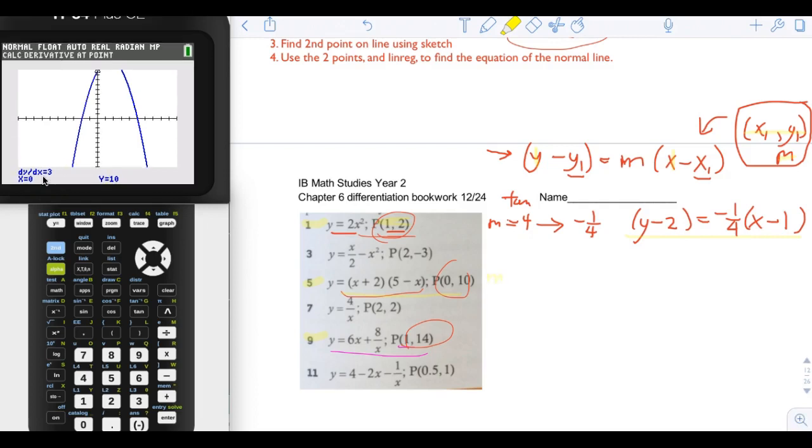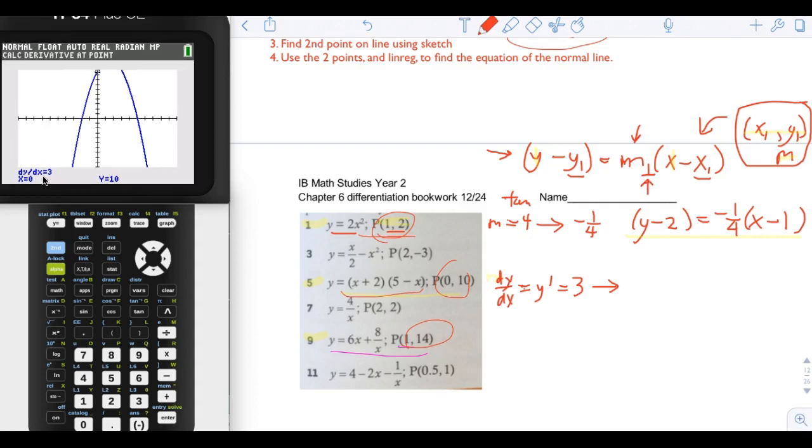So we'll say, okay, at that point, the dy dx, we also write that y dash is equal to 3. And what we want to know now is the negative inverse of it, so that we can use that for our normal line. In this case, instead of writing plain m, I'm going to put m with a perpendicular symbol there.